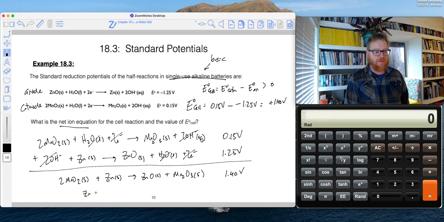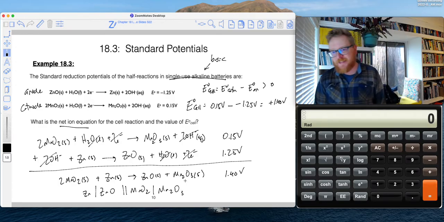I'll drop the phases just to make this a little bit easier. Zinc to zinc oxide, and then double line for the salt bridge or the porous bridge. And then MnO2 goes to Mn2O3. So that becomes very useful and practical to write that cell notation.